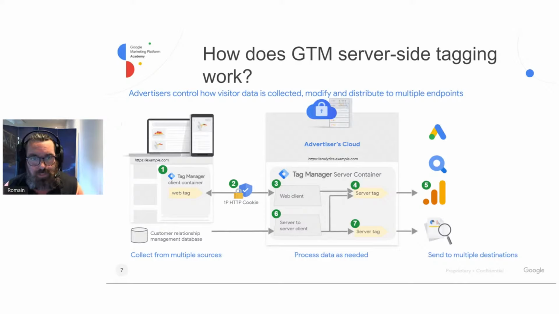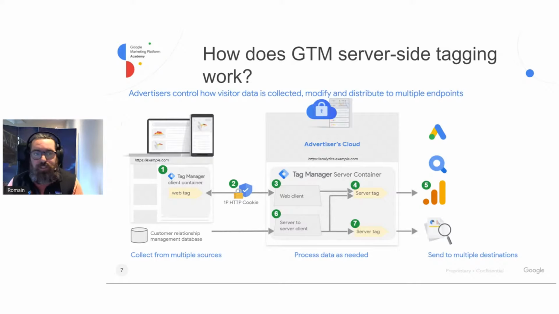Then we have a web client inside the server tag container. This web client will take the incoming request, which can be modified or not, and send it to the final endpoint, like I was mentioning, Analytics or Ads. In the meantime, we can do anything that we want to this request.